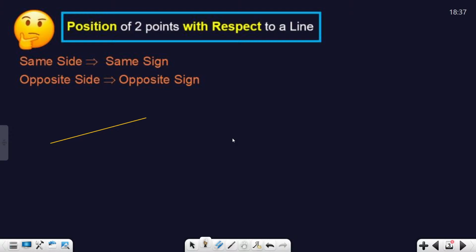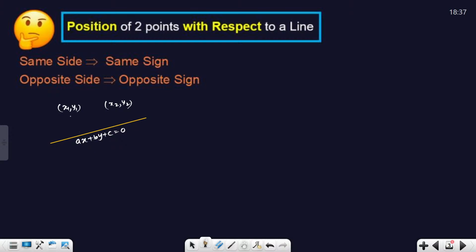Let us say one is x1, y1, and another one is x2, y2. Okay, and the equation of this line be ax plus by plus c equals to 0.